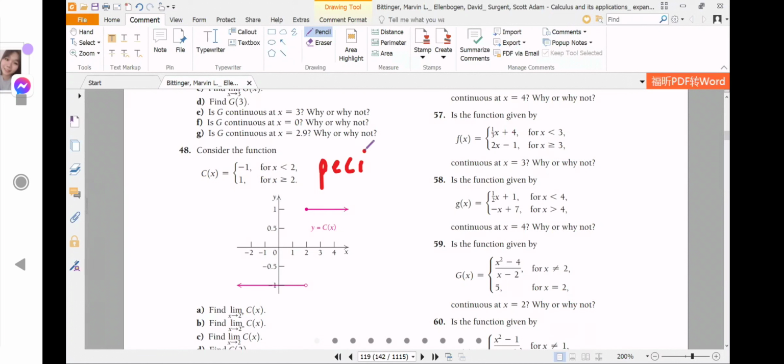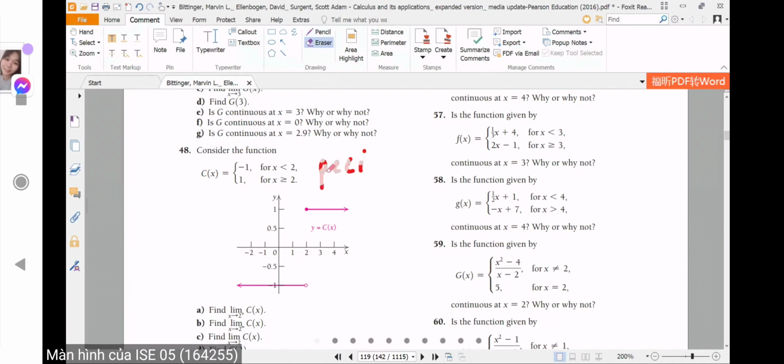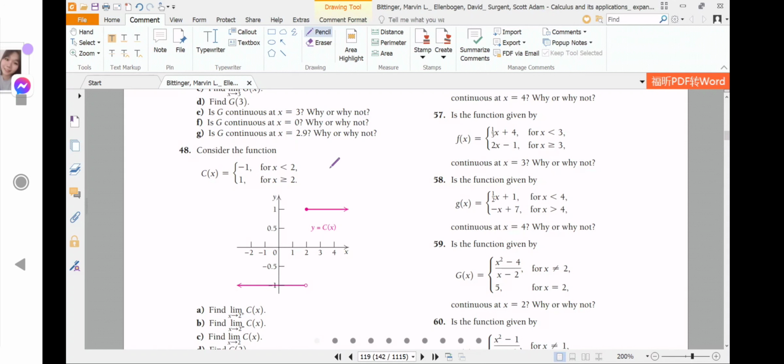So you write it down. Piecewise functions. Okay.